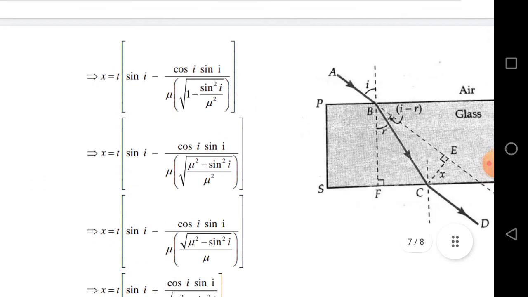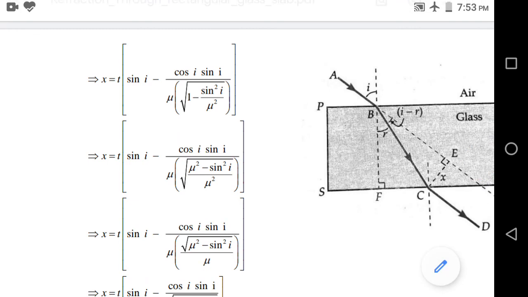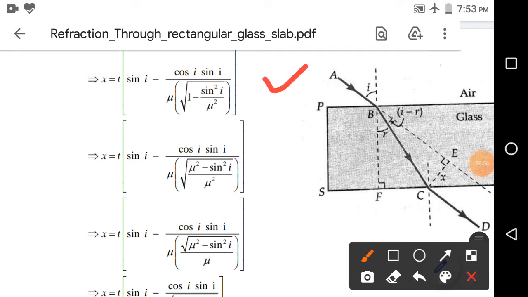The next step: we can take mu. We can write the next equation like this: X equals T into (sin i minus cos i sin i by mu into root of 1 minus sin square i by mu square). Then X equals T into (sin i minus cos i sin i by mu into root of (mu square minus sin square i) by mu square).